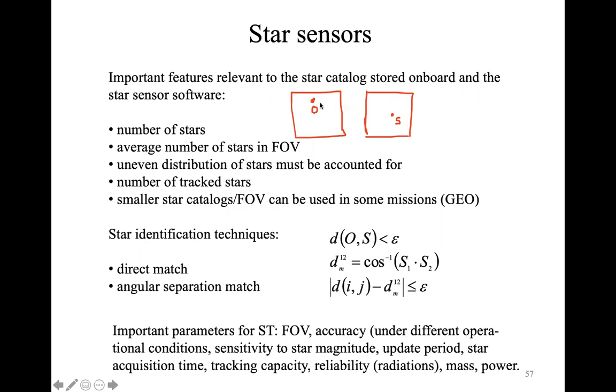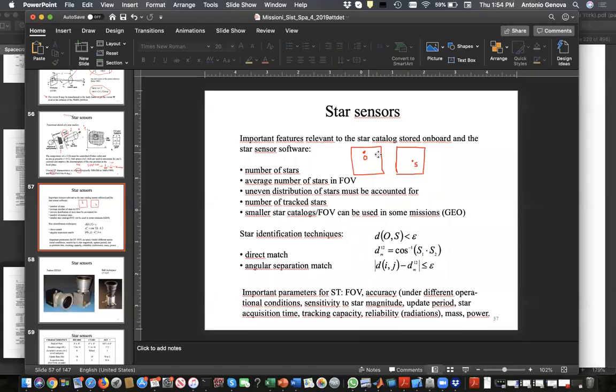So basically, you superimpose the position of the star in your catalog on the position of the star that is seen from your instrument. So you compute the distance. So what I would like to do is, let's do it like that.